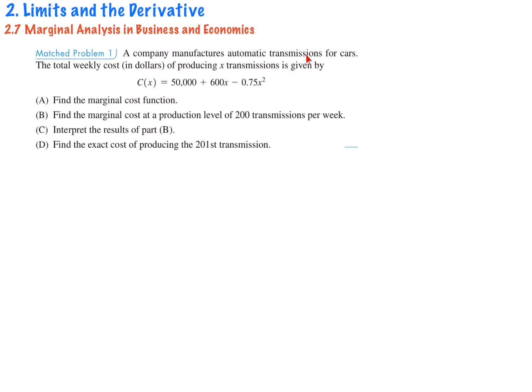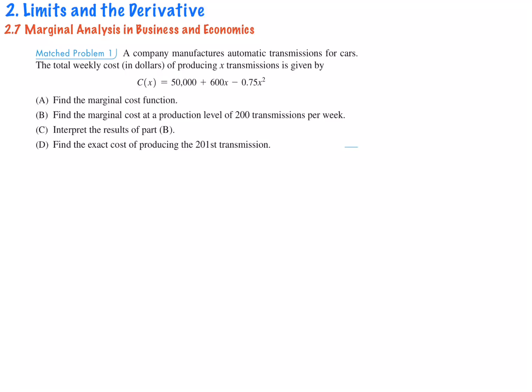A company manufactures automatic transmissions for cars. The total weekly cost in dollars of producing x transmissions is given by C of x equal to 50,000 plus 600x minus 0.75x squared. A, find the marginal cost function.